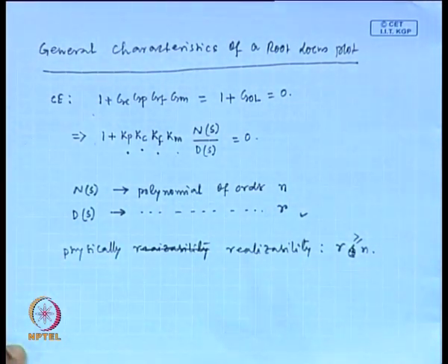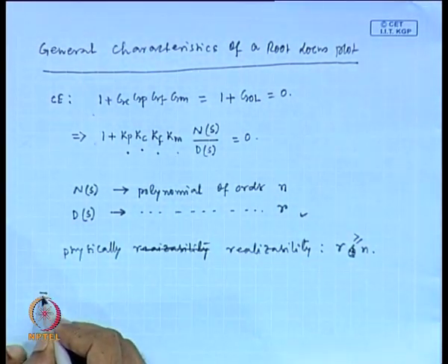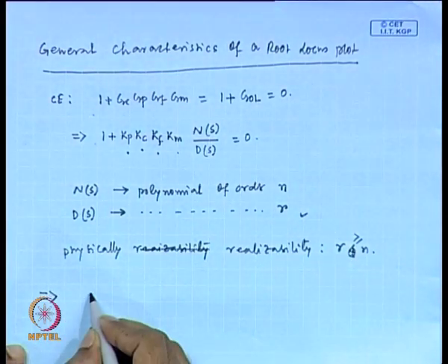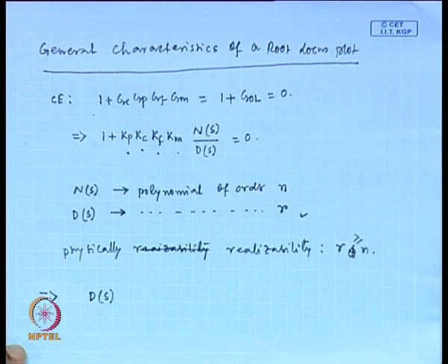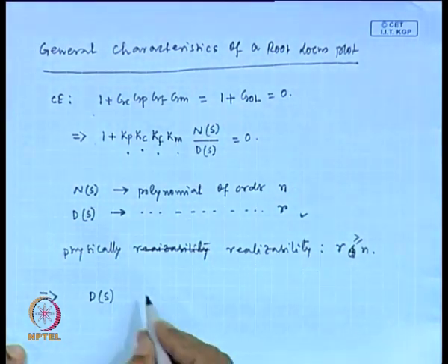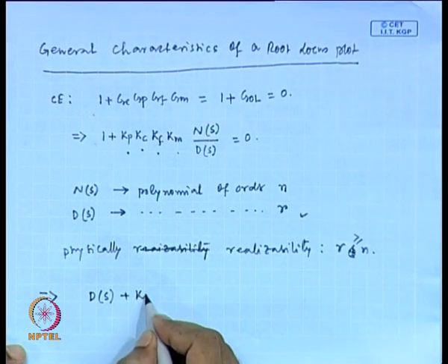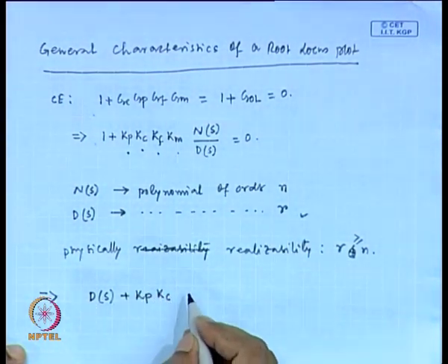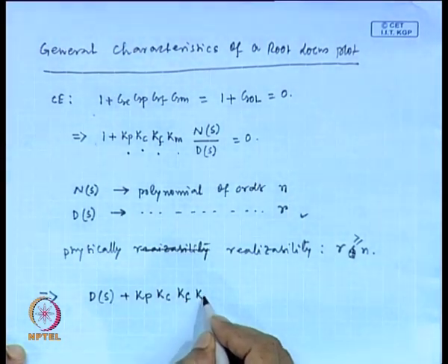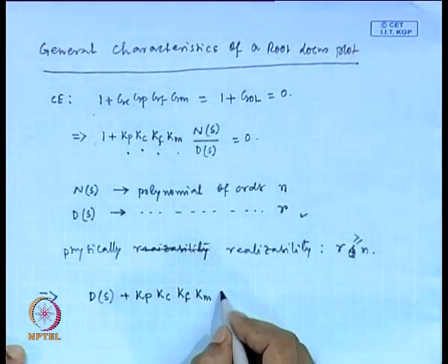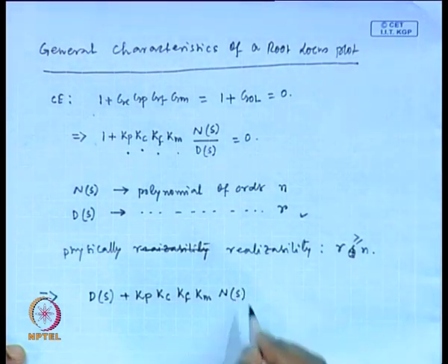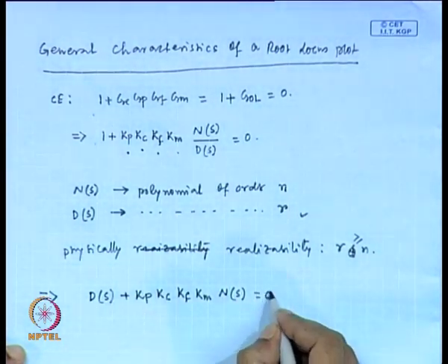Fine. Now, we will just simplify the characteristics equation. If we simplify the characteristics equation, we get Ds plus Kp Kc Kf Km Ns, which is equal to 0.